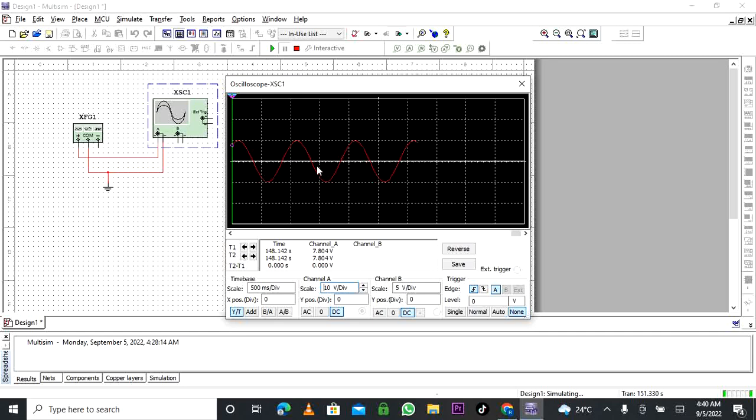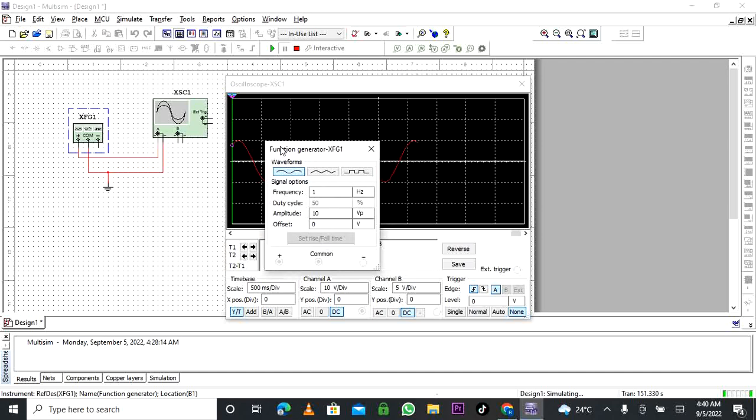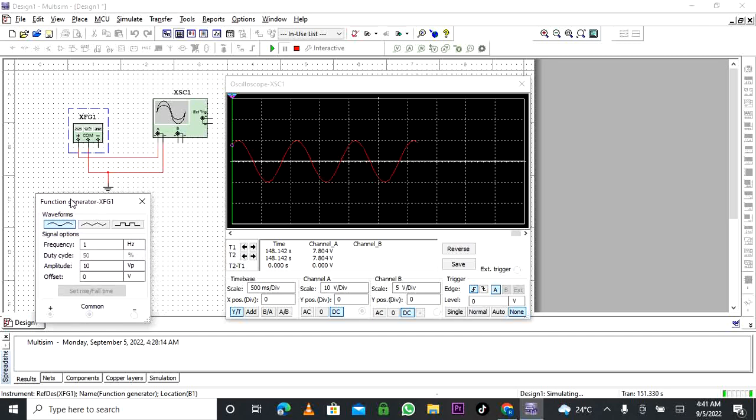Now going to the function generator itself to adjust the settings, I double-click the function generator and it brings up this little window. We can select from different waveforms. If I go ahead and run the simulation, we can switch to triangle wave, switch to square wave, or back to sine wave.